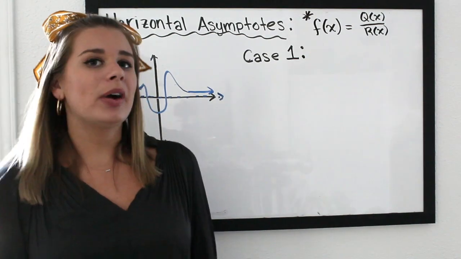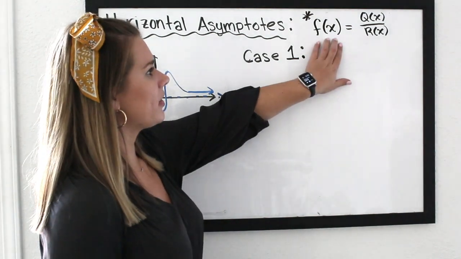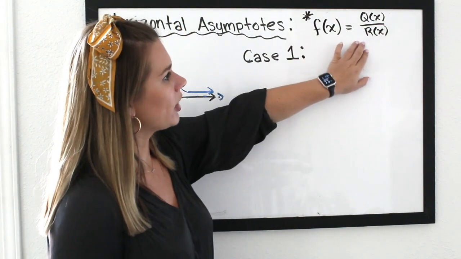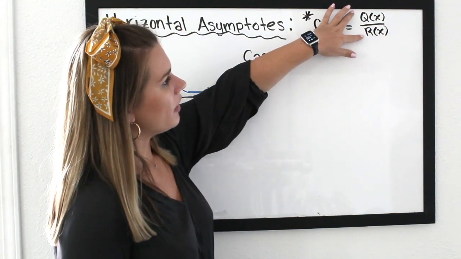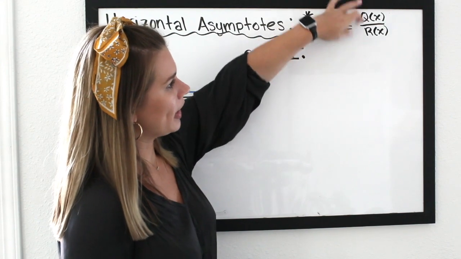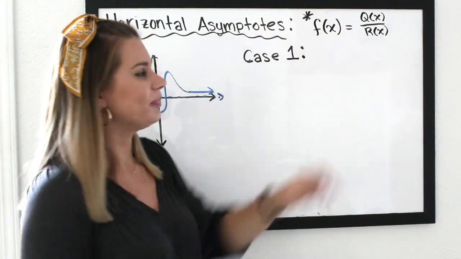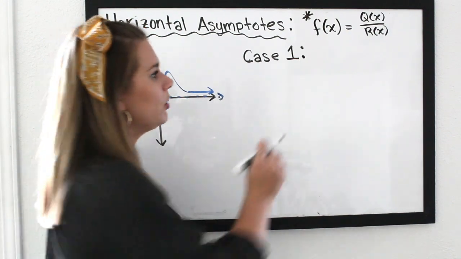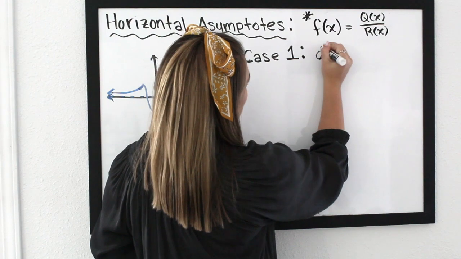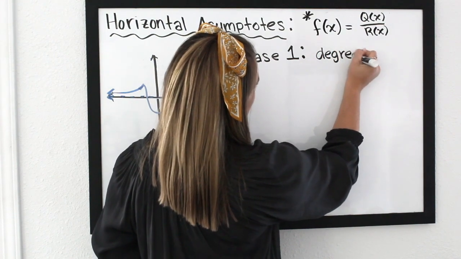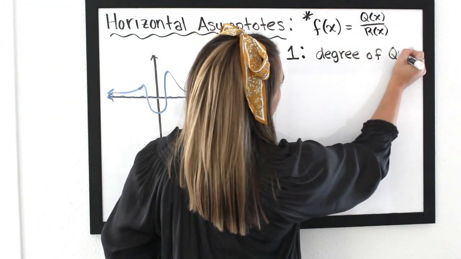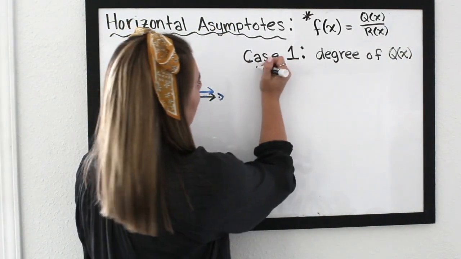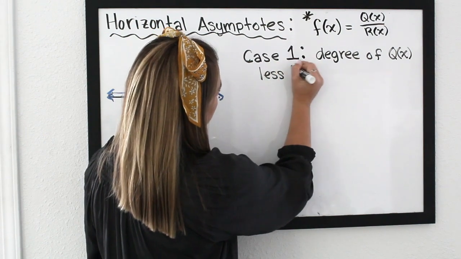Okay, so if you notice up here, I said that we're going to define f of x as this rational function here. A rational function is just a function that has a polynomial in the numerator and a polynomial in the denominator, okay? So case number 1 is that the degree of q of x is less than the degree of r of x.